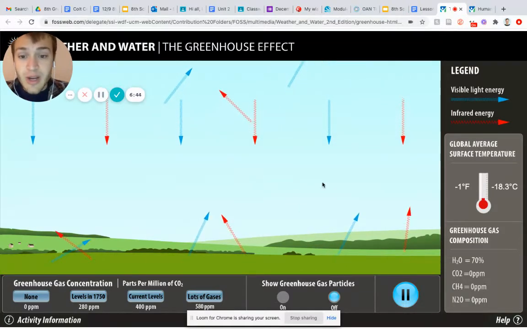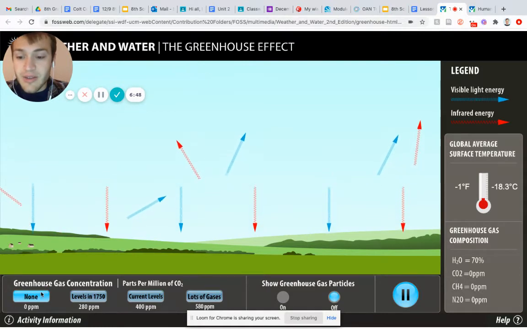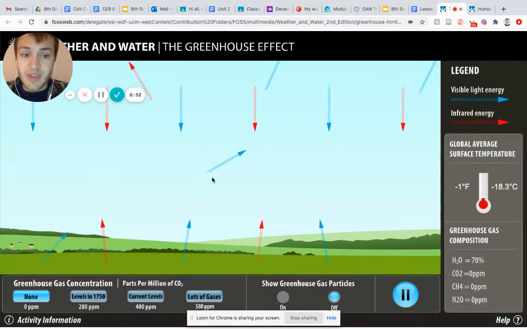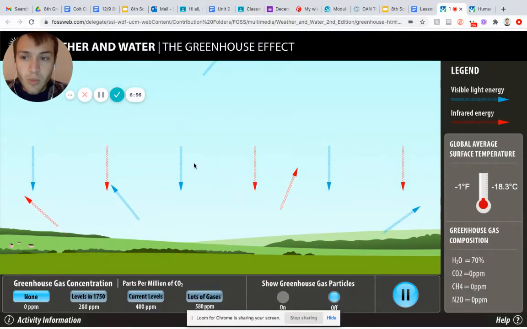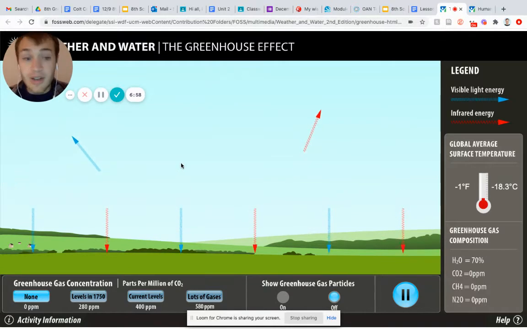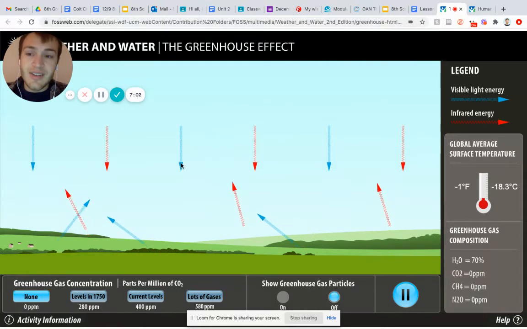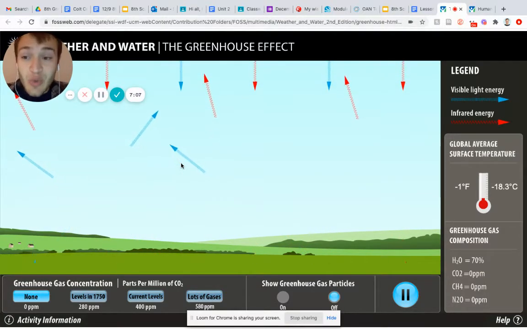That's because right now we have it set so that there are no greenhouse gases in this system. So in this system, there is no carbon dioxide. When there is no carbon dioxide or other greenhouse gases, it causes a very cold planet.